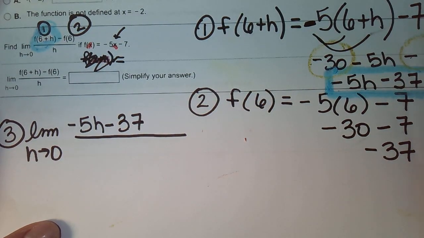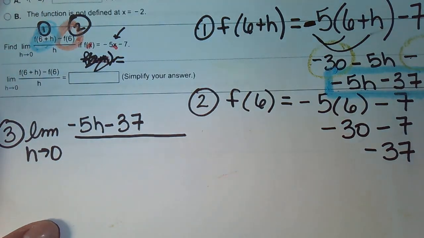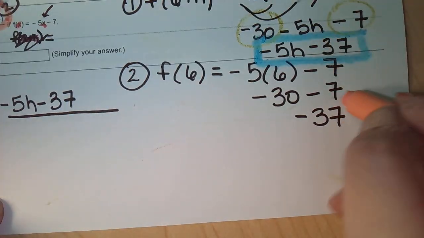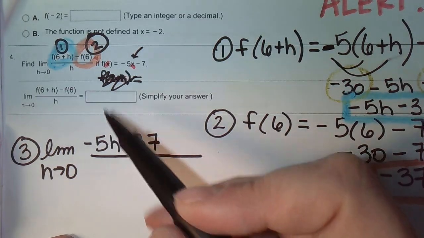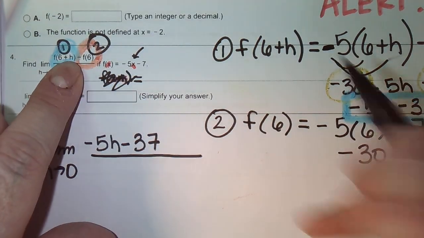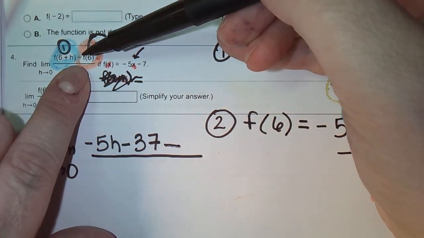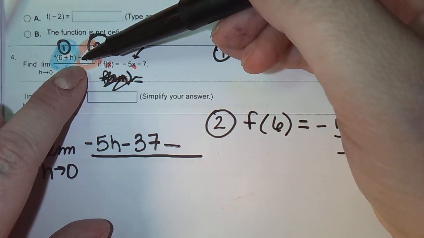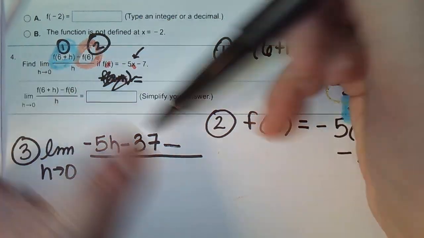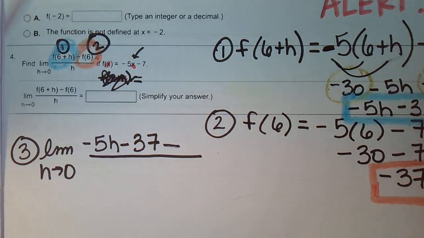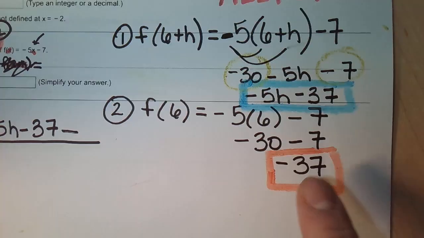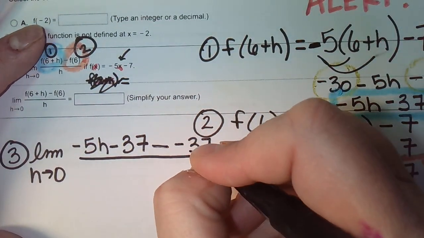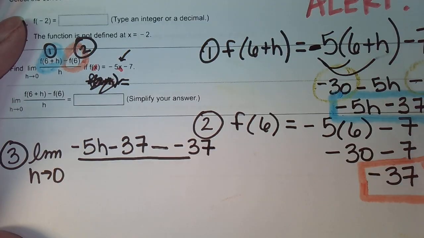Then I have minus f(6). And for f(6), I got negative 37. So I'm going to write minus, because there's a minus up in the formula. But then I have to write another minus because this 37 has it on him. All over h.